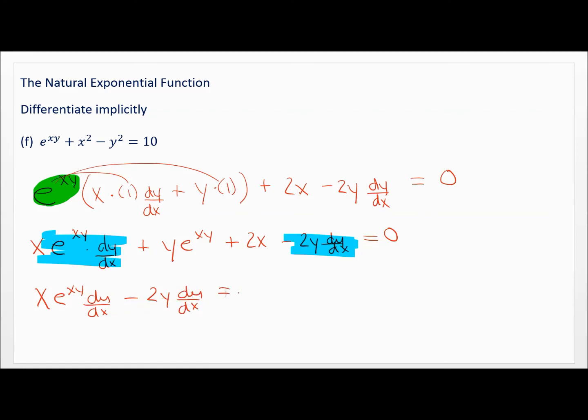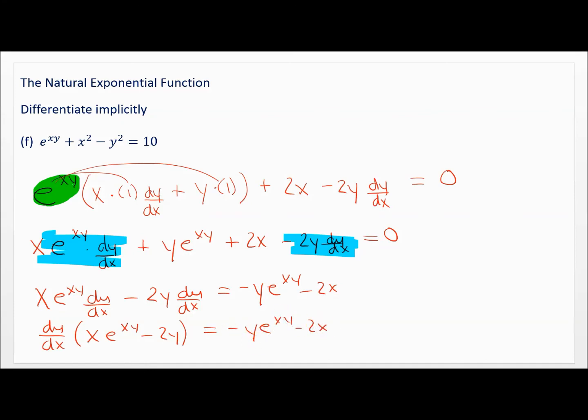On the other side, now I have negative y e to the xy minus 2x. You follow that? So those two not highlighted go to the other side. On the left, I'm going to factor out my dy over dx. That's going to leave x e to the xy minus 2y. And on the right, I'm writing exactly what I had in the line above.